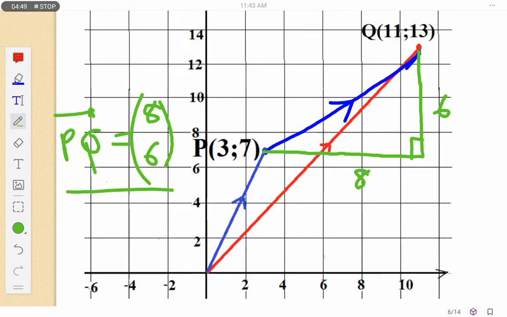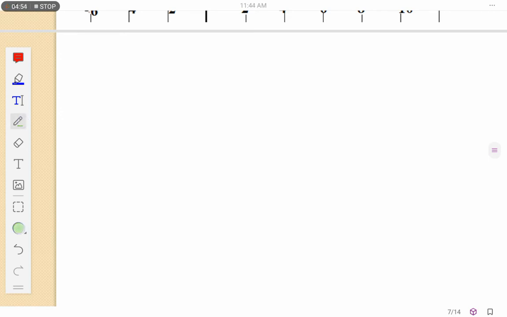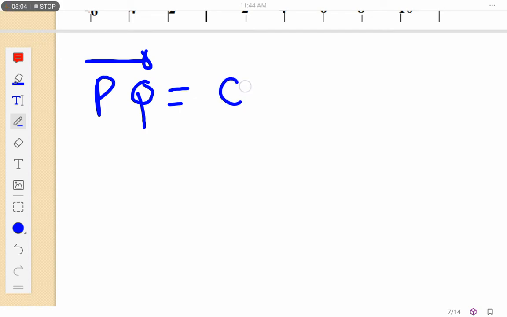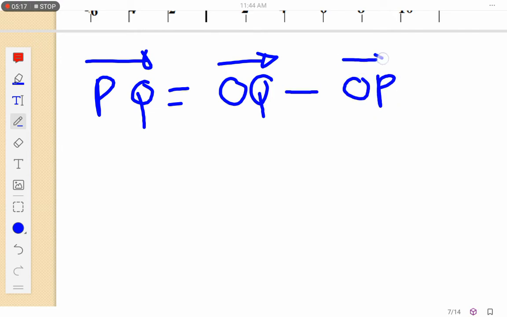Otherwise, if we want to use the vector method, we can do it like this. Those points that were given, we write them in the form of a vector, in relation to O. Since we want to find PQ, we say Q minus P, so it's going to be OQ minus OP. A vector is a line drawn from a point to another point.